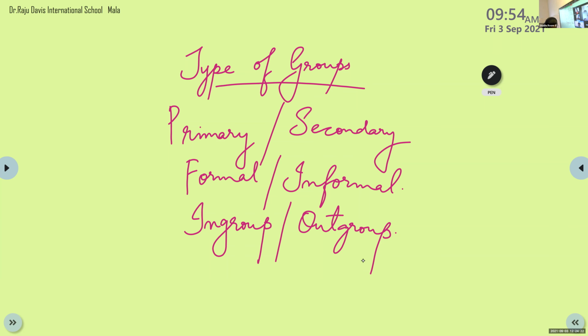Right. Then what else? In contrast, secondary groups are those where relationships among members are impersonal, indirect, and less frequent. Underline that. Impersonal, indirect, and less frequent. Again, if you're a part of a nature club, do you meet the members of the nature club on a daily basis? No, isn't it?